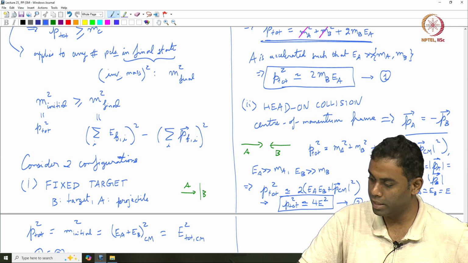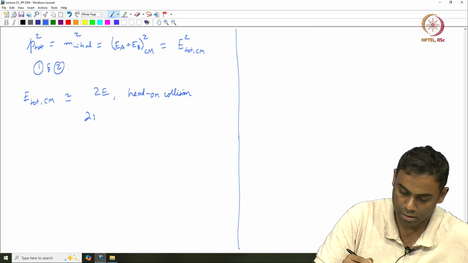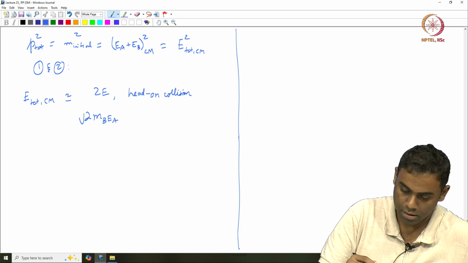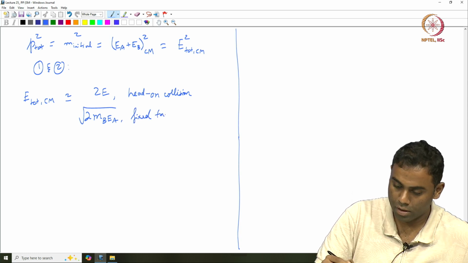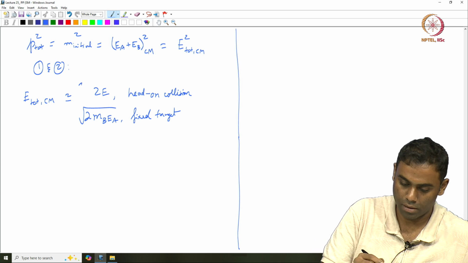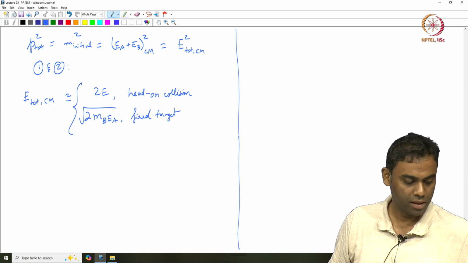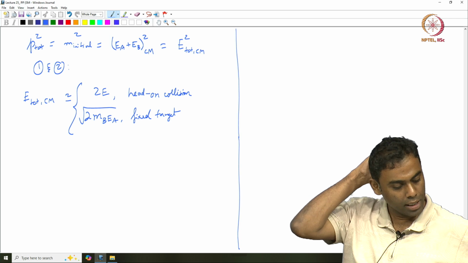So, it was 2 MBEA, right, but now I am taking the square root of that for a fixed target collision.